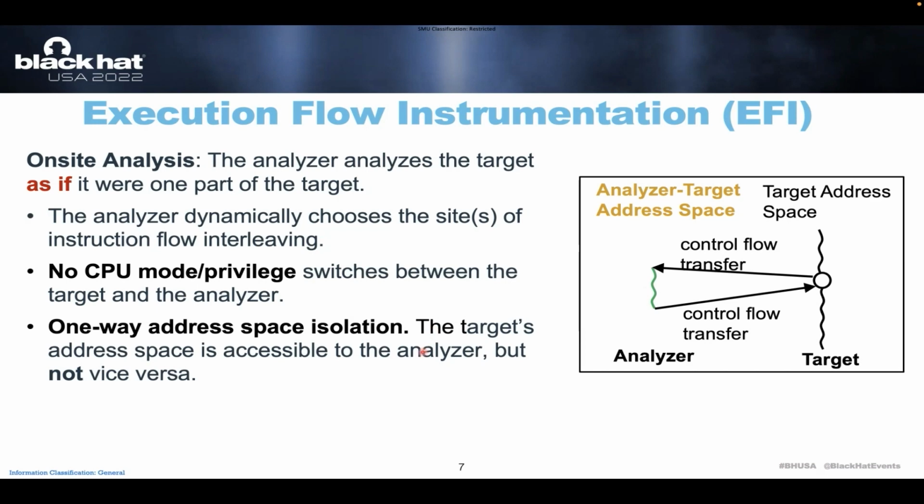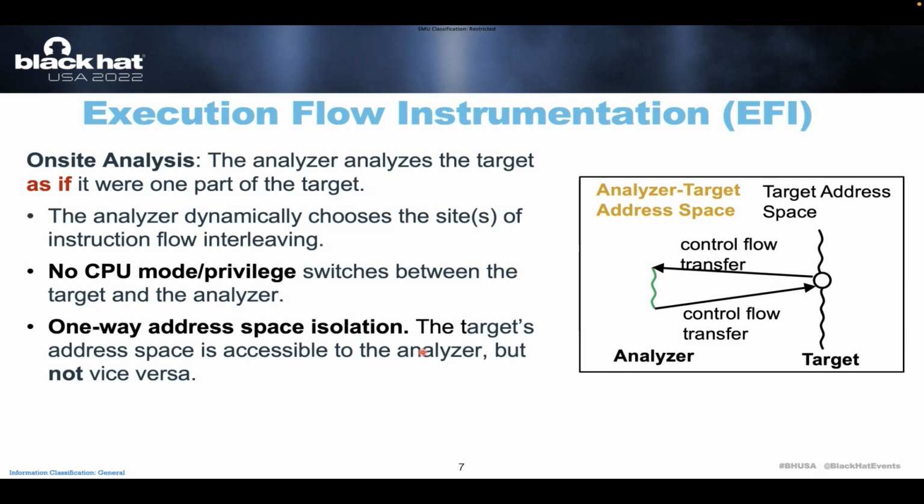Lastly, this is the most important one. We want one-way address space isolation, meaning that the target address space can be accessed by the analyzer. From the analyzer's perspective, it can natively access the entire kernel space. However, not vice versa.